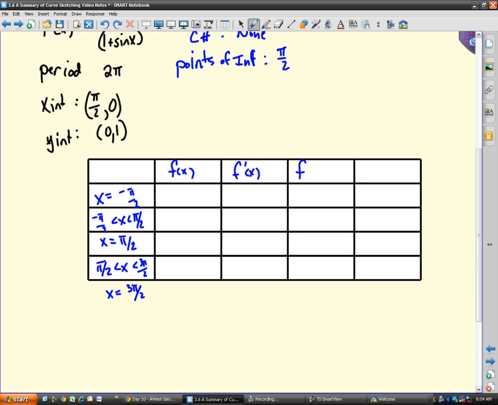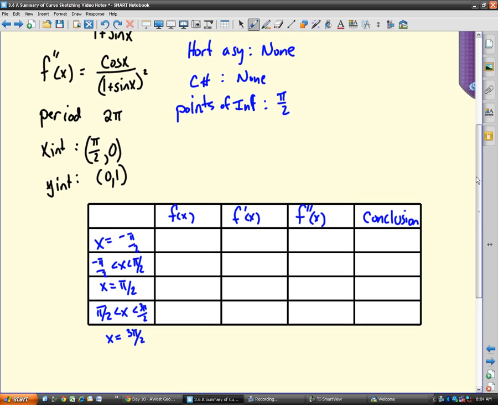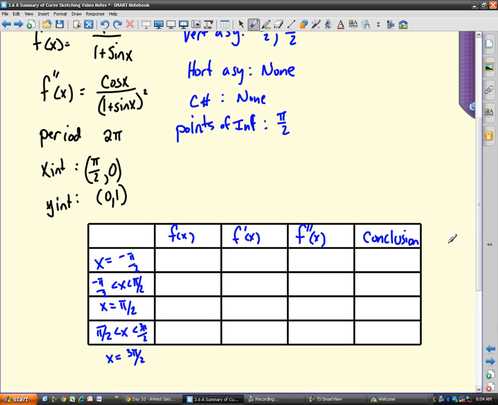And so there we go. Now we have our table set up, and we can figure out what's happening. Well, we already know that at negative pi over 2 we're undefined in all of these, because it is a vertical asymptote.